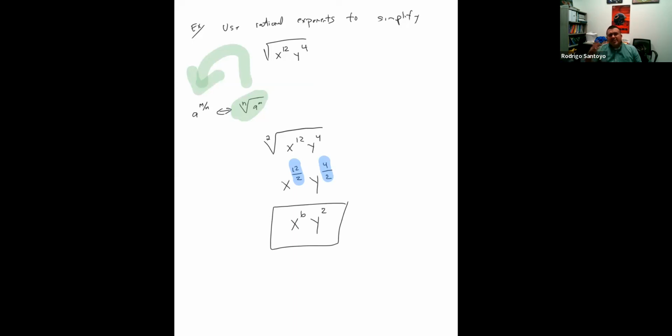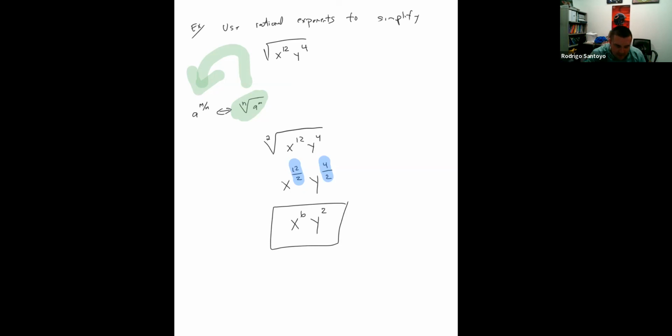Right. So 6.2 is a really nice section. We start looking at radicals, rationals a little bit more. And I really like to end 6.2 with this example. Because what if it doesn't divide nicely? What if you cannot divide that?